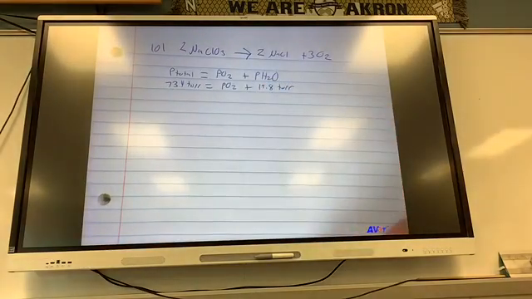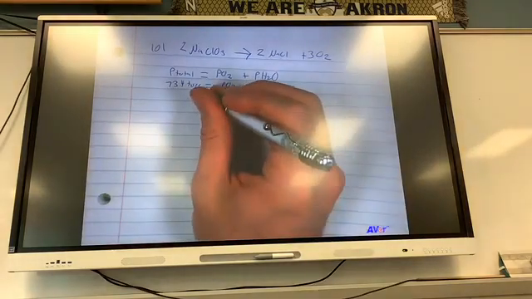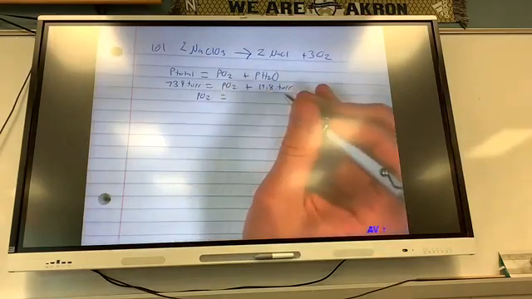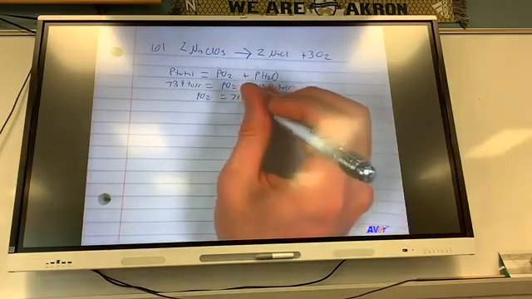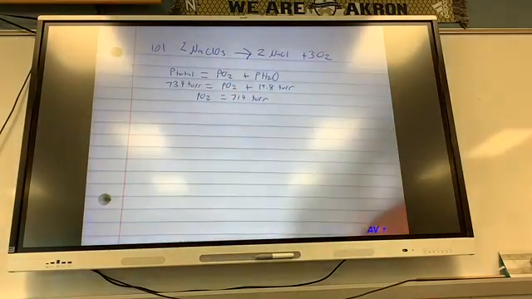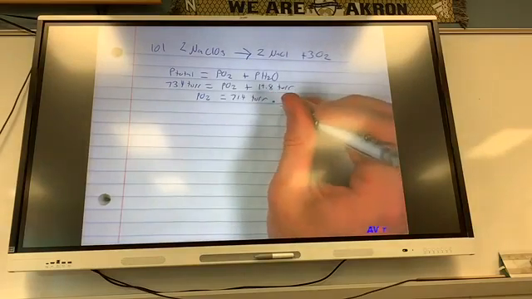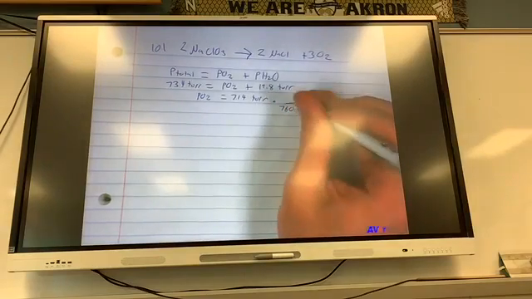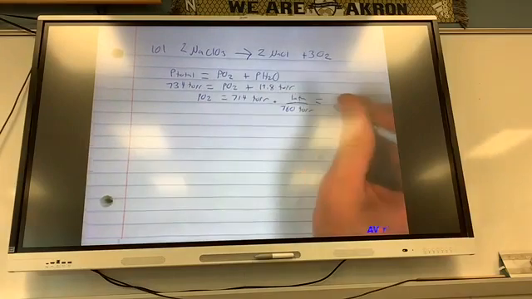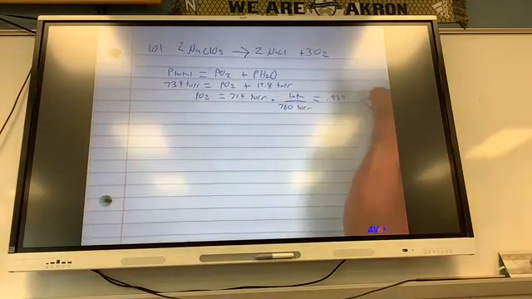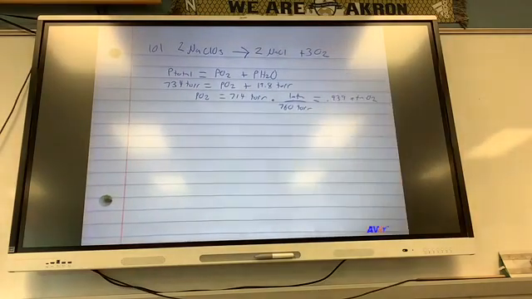I can now figure out my pressure of O2 by subtraction. So PO2 ends up being 714 torr. Convert that to ATM. There's 760 torr in 1 ATM, which equals 0.939 ATM of O2.